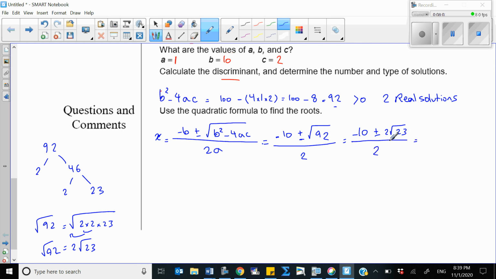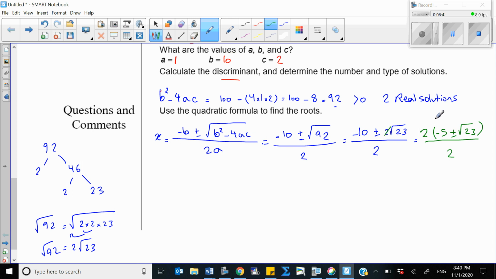Now I can simplify this one more time by dividing all these by 2. Let's just factor the 2 out, and then we are going to have 2 times negative 5 plus and minus, so this 2 will go away, square root of 23, and then the 2 is the bottom.